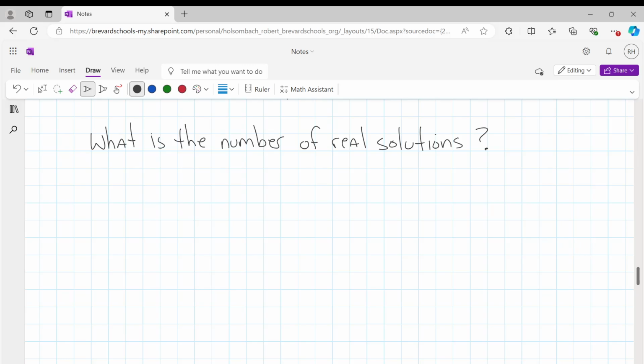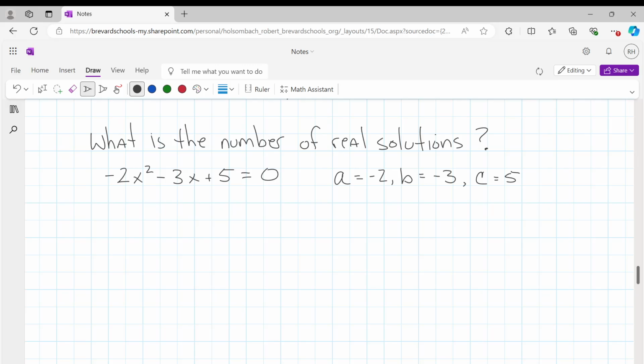And we're given negative 2x squared minus 3x plus 5 equals 0. So our A is equal to negative 2. The B is equal to negative 3. And the C is equal to 5.